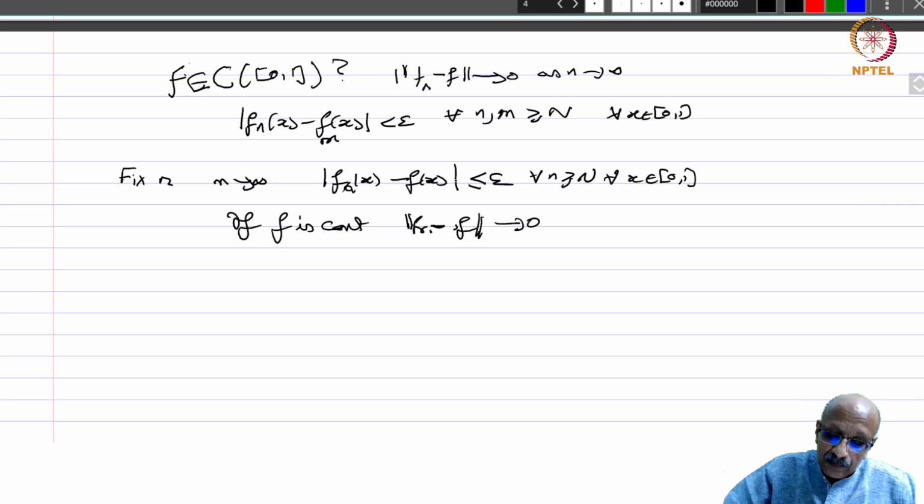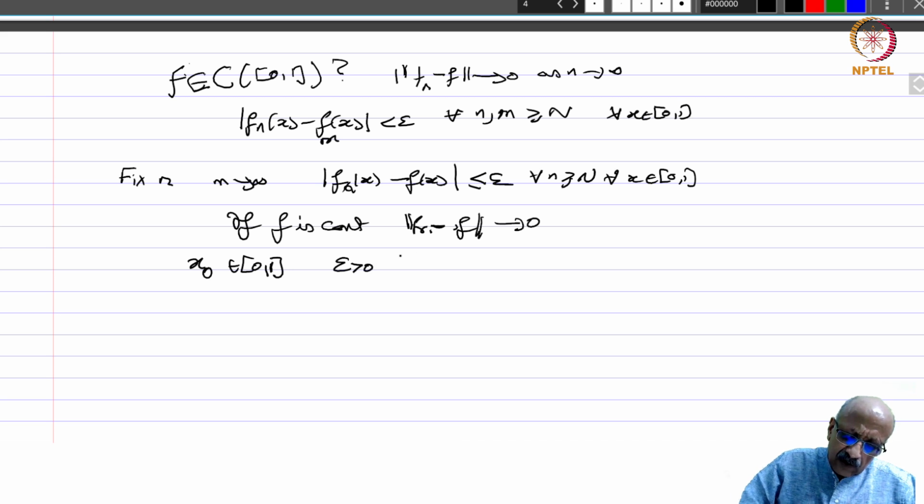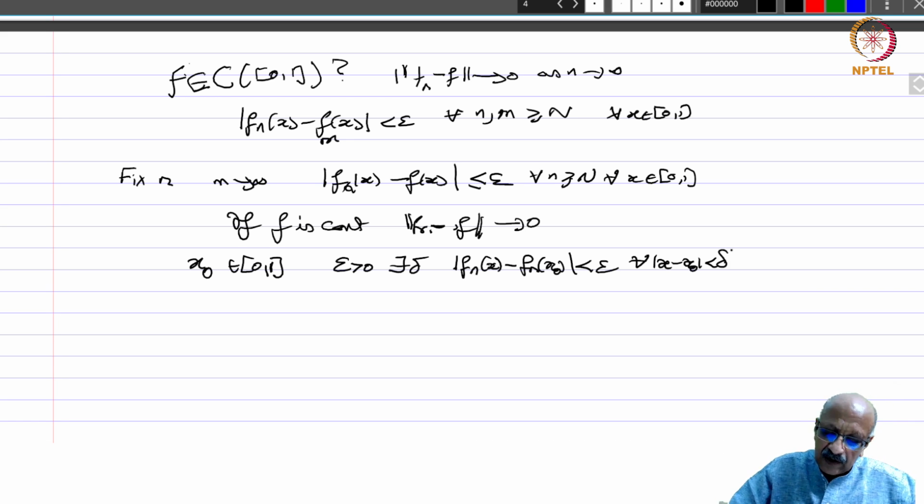So I am just going to reprove that fact. Let us take any x naught in [0,1]. Now given any epsilon greater than 0, there exists a delta such that |f_n(x) - f_n(x naught)| is less than epsilon for all |x - x naught| less than delta. In fact, this delta is independent of x naught because you also have uniform continuity on that interval. Anyway, that we do not do.